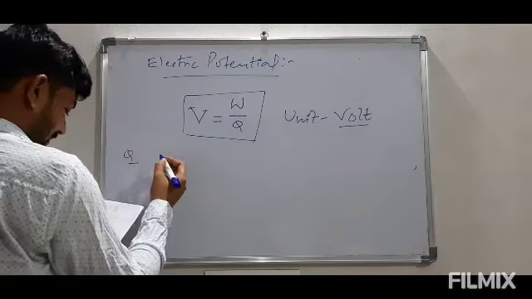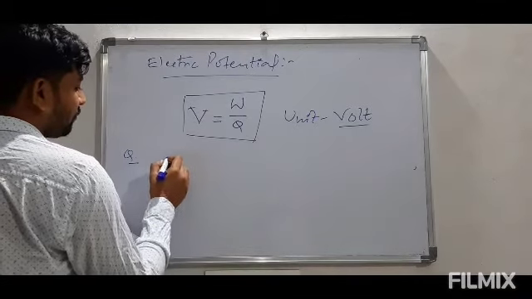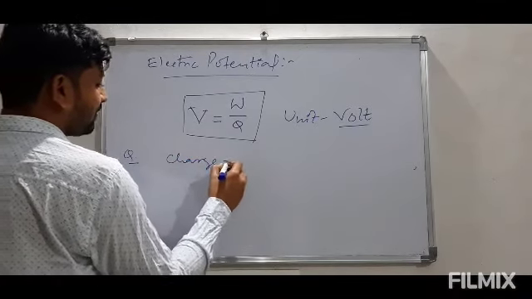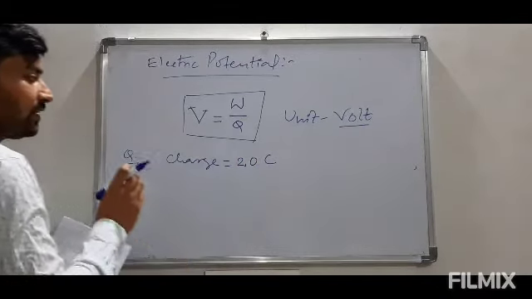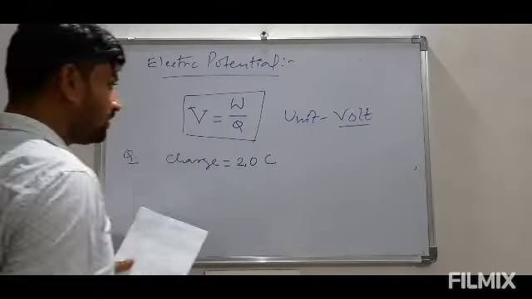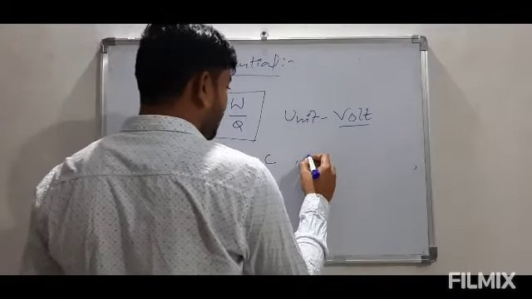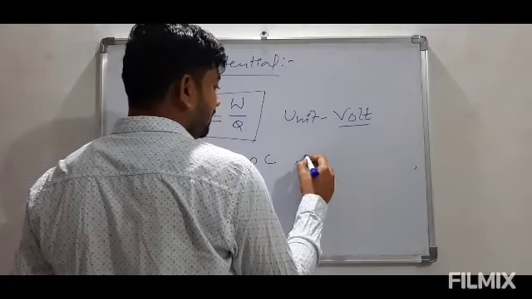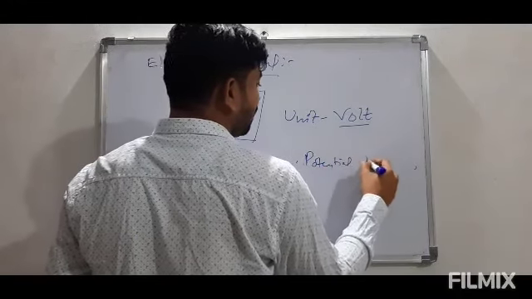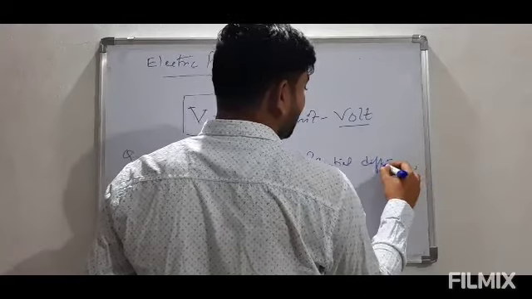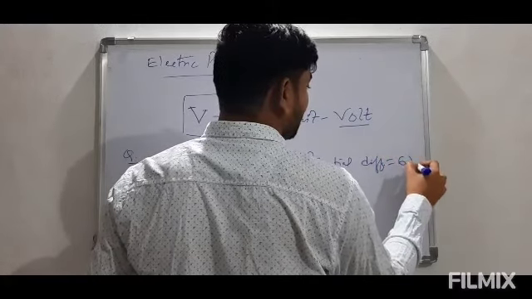Suppose some charge is given as 20 coulomb, which we have to carry from one point to another, and the voltage of that battery, the potential difference, is 6 volt.